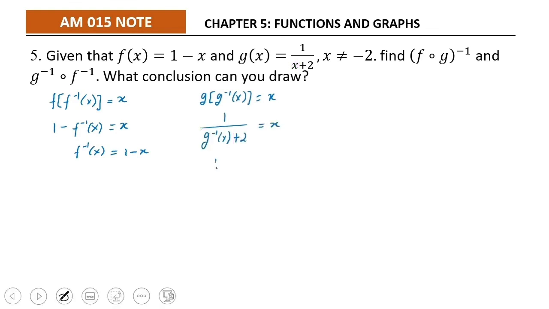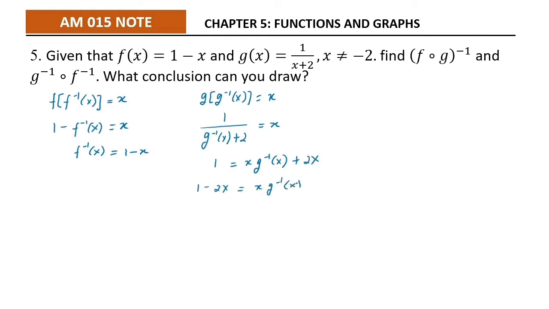Simplify. 1 equals x times g inverse plus 2x. So 1 minus 2x equals x times g inverse, and then g inverse equals (1 minus 2x) over x.